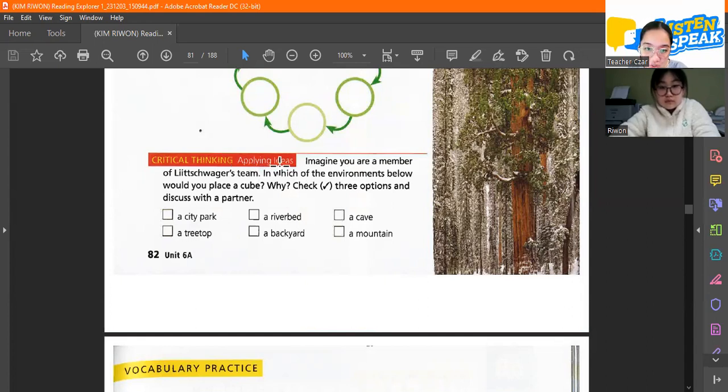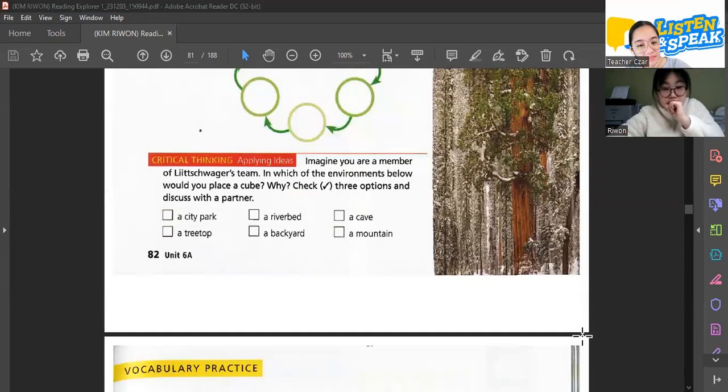In which of the environments below would you place a cube? Those are the places. What is the riverbed? Riverbed is the bottom of the river. Okay.